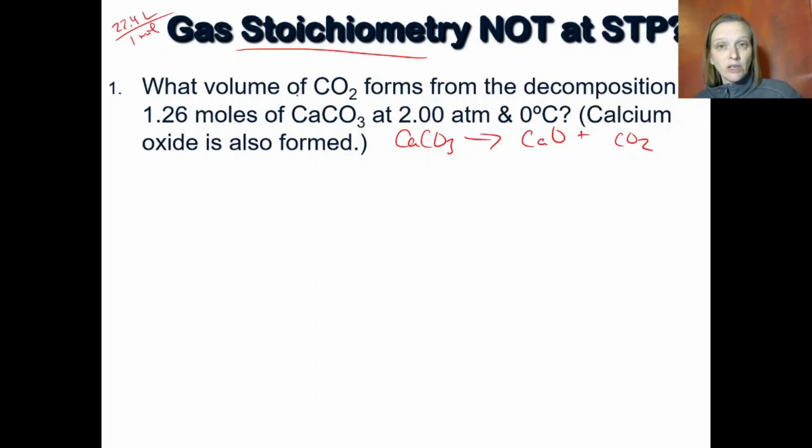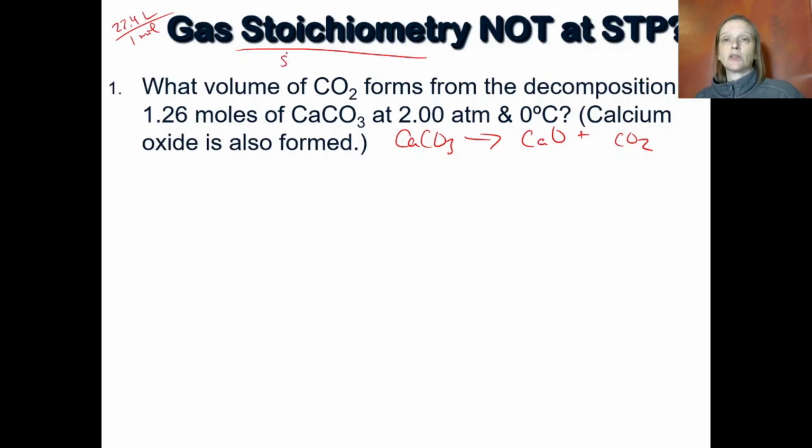If your known is in liters, then you have to use the ideal gas law first and then do stoich. If your unknown is in liters, then you do the stoich first and then use the ideal gas law.